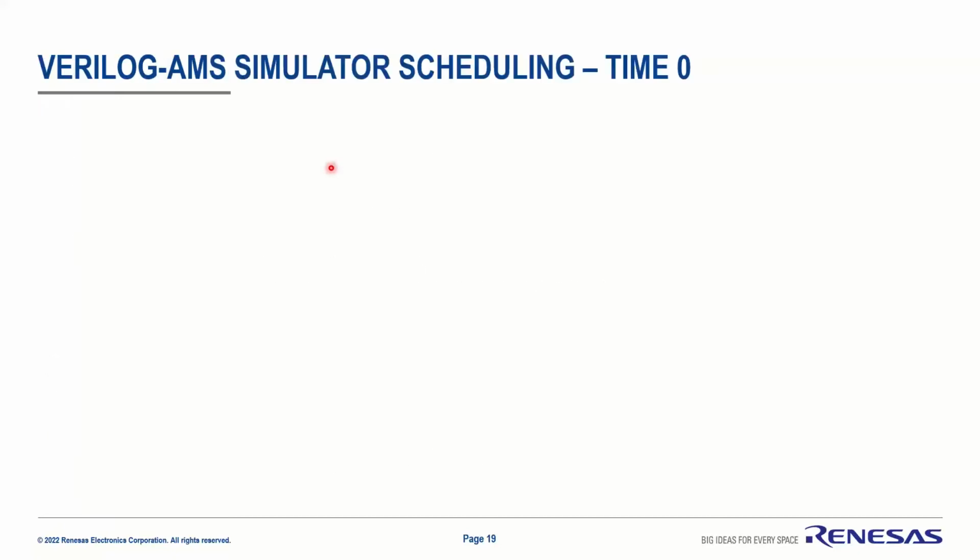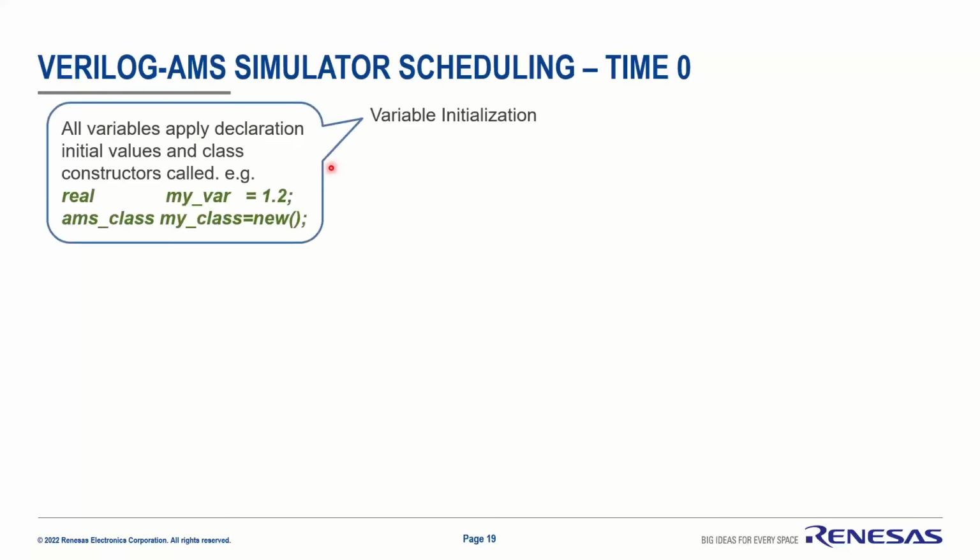So the reason for this is a lot of people aren't aware of how the Verilog-AMS scheduler works, and that's key for this working. So at variable initialization, it either takes the default value of a real.